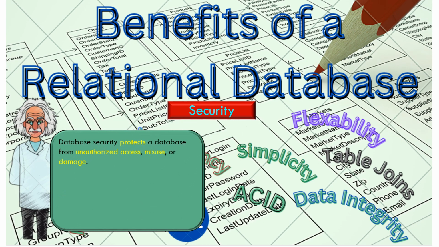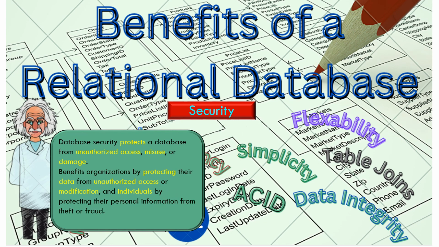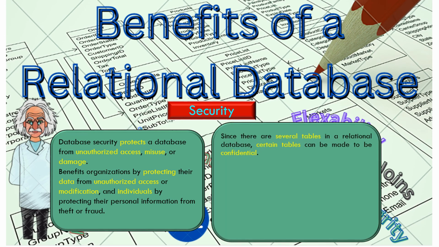Database security protects a database from unauthorized access, misuse, or damage. This benefits organizations by protecting their data from unauthorized access or modification, and individuals by protecting their personal information from theft or fraud. Since there are several tables in a relational database, certain tables can be made to be confidential.